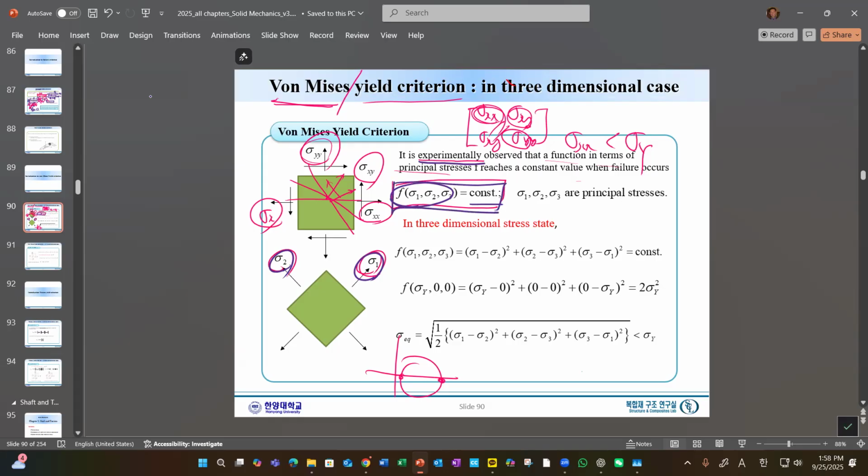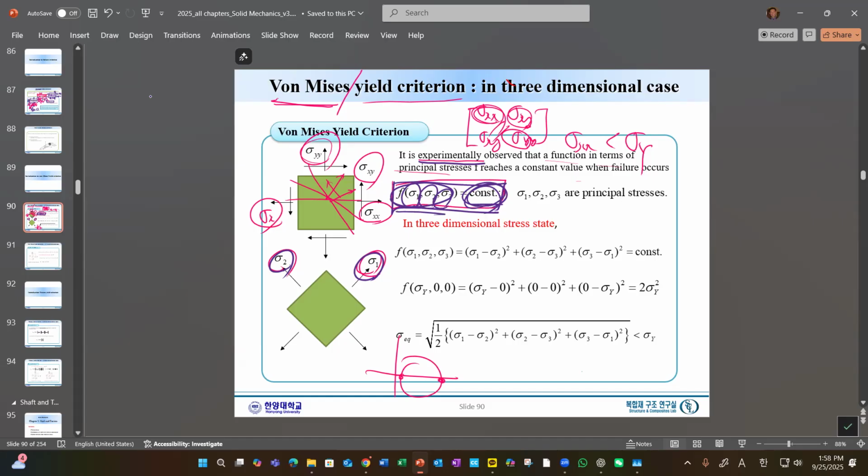It gives us a real clue to reach a failure criterion. Okay, a certain function of the principal stresses, we don't know yet, will reach a certain value, always the same value, when material fails. Constant. It doesn't matter how complicated, it doesn't matter how simple, it always reaches a certain value.